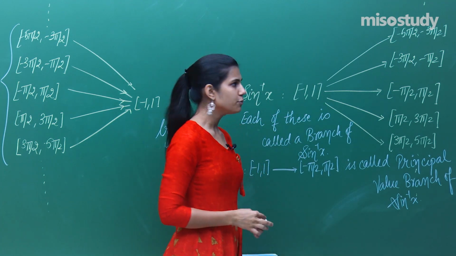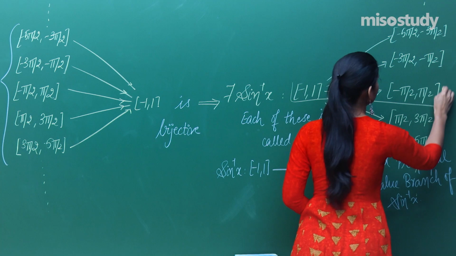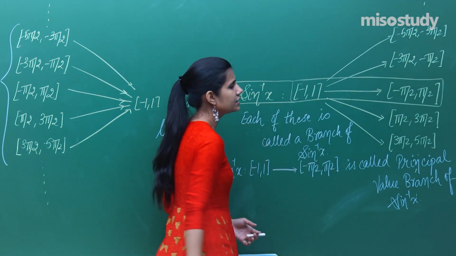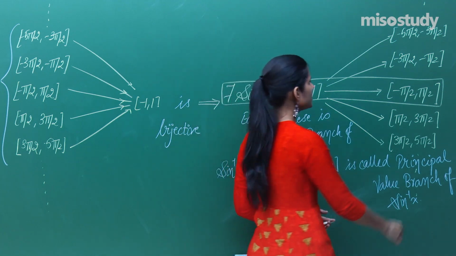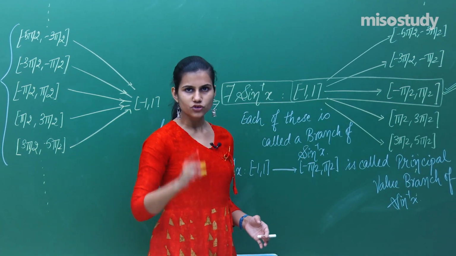Why principal value branch? For sure, this is one branch of sine inverse x, sine inverse x from [-1, 1] to [-π/2, π/2], but this is called the principal value branch. Why? I'll tell you.